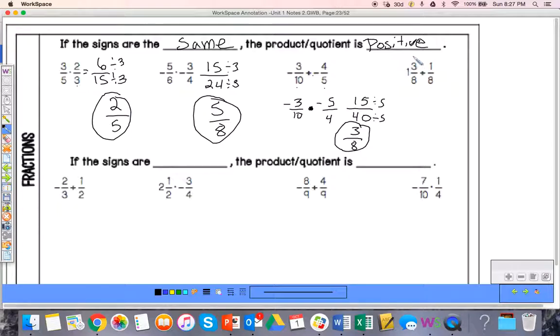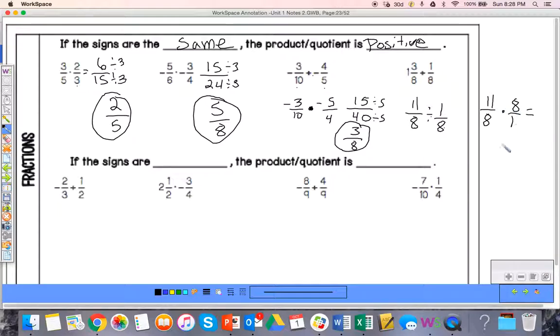On this last one, we start off with a mixed number, so we need to change it to an improper fraction. So we do 1 times 8, that's 8 plus 3 is 11. So we have 11 over 8 divided by 1/8. So again, we keep, change, flip. So we get 11 over 8 times 8 over 1.